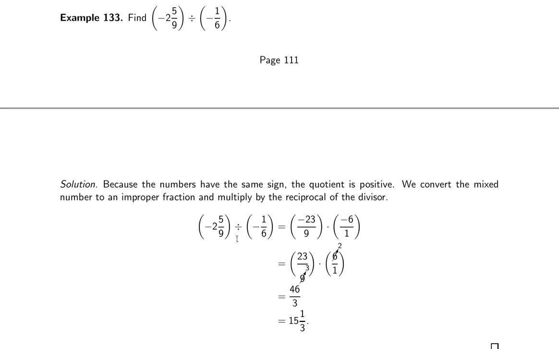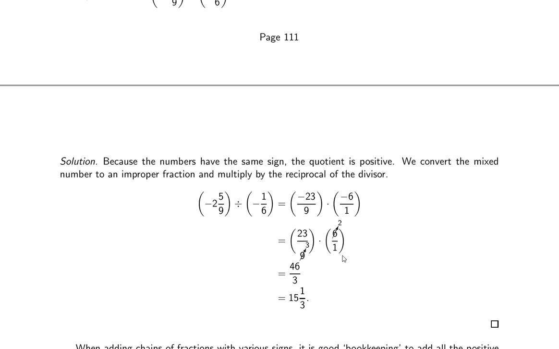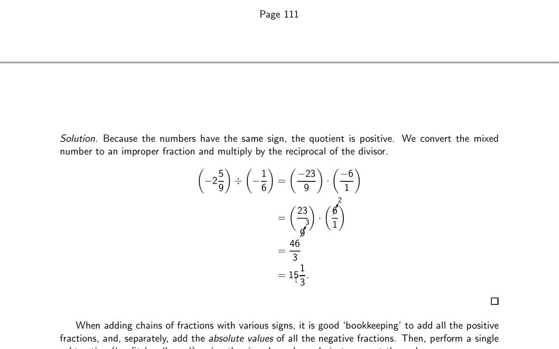And then we do the operation. Dividing by 1/6 is the same as multiplying by 6 over 1, the reciprocal. Then I pre-canceled and then finally did the multiplication to get 46 over 3. And I'll just leave it like that. It's improper.